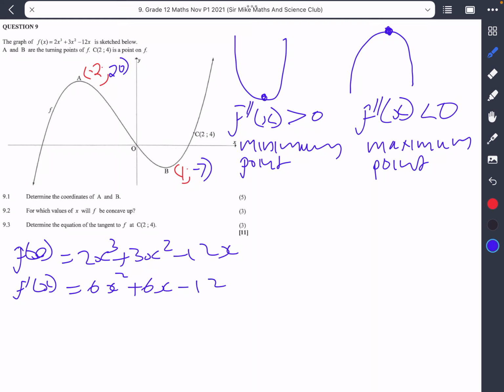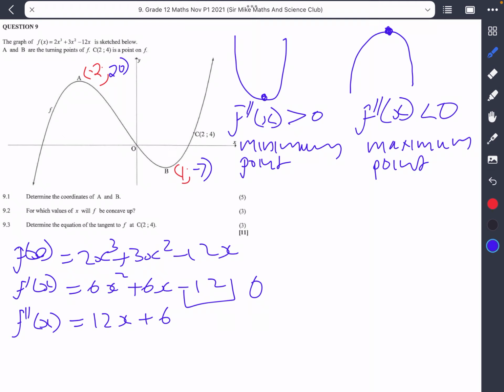So this is the first derivative. The second derivative would be the derivative of the derivative, so it's 12x plus 6. Remember that when you differentiate a constant, you get 0.